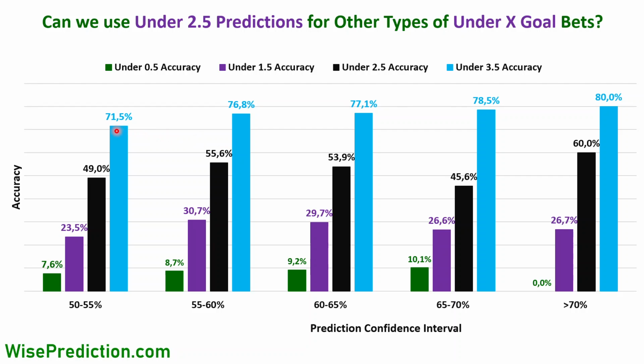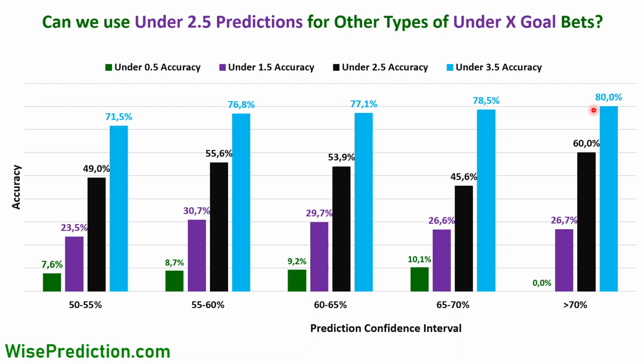It starts from 71.5%. It goes up to 76.8% in the next prediction confidence interval, when the under 2.5 prediction is between 55 to 60%. It continues at 77%, 78% again, and it jumps to 80% in the very last interval here.